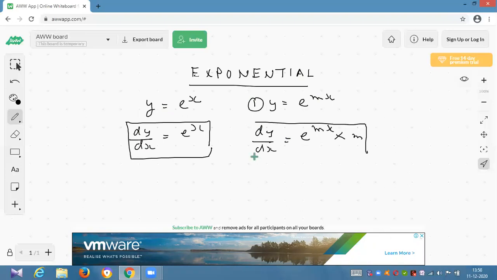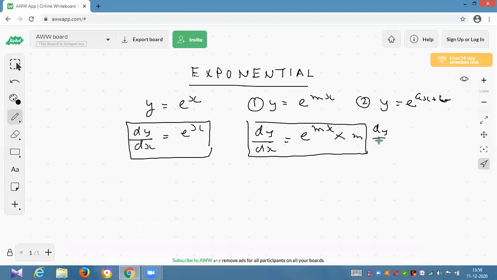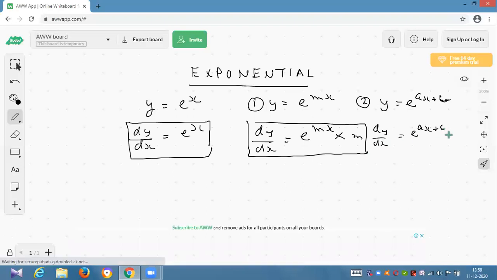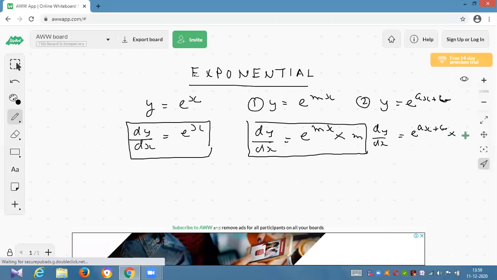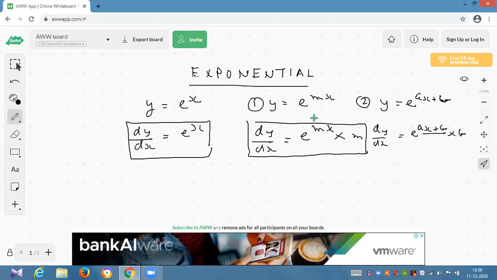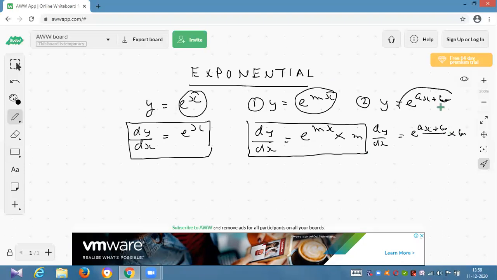Similarly, chain rule with exponent differentiation can be extended to the forms, if y is equal to e to the power ax plus b, then my differentiation becomes e to the power ax plus b into the differentiation of ax plus b, which is a. So as students, you have seen that exponential differentiation can take these variations as well. This will be the form in which you write your answers in terms of derivatives.